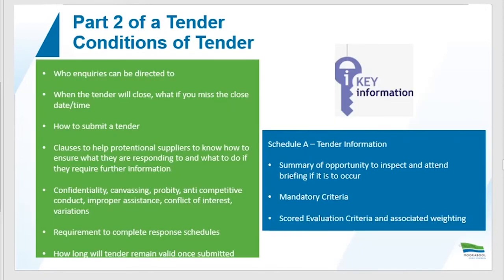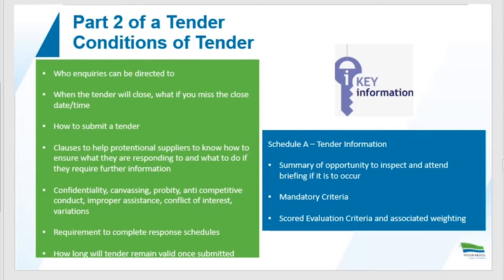Part two of our tender document is all about what the conditions of that tender process are: who you can direct inquiries to, when the tender will close, what happens if you miss that close period, how you have to submit a tender, and the clauses to help potential suppliers know how to ensure what they are responding to and what to do if they need further information.